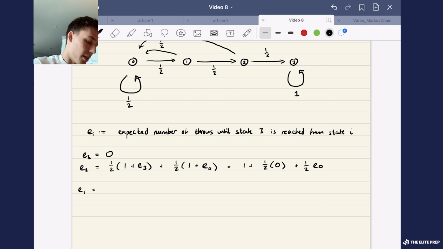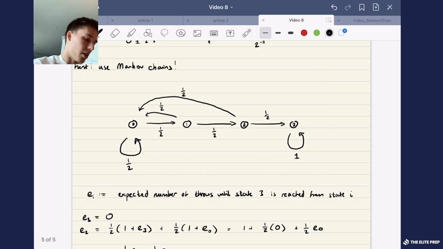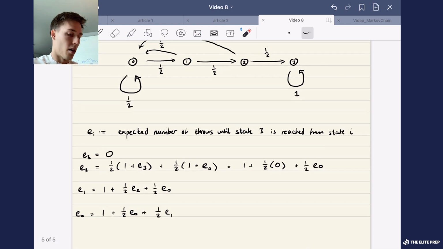E1 is computed similarly, and E0 is 1 plus 1/2 E0 plus 1/2 E1, because from state 0 we could have gone back to itself with probability 1/2, or gone to state 1 with probability 1/2.